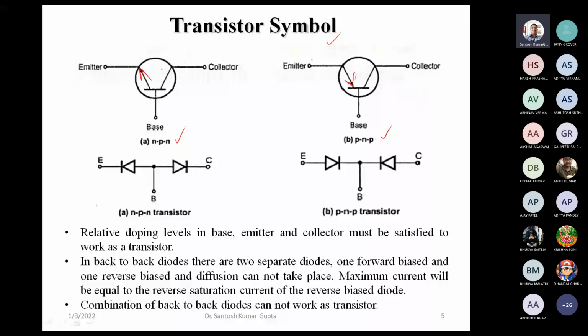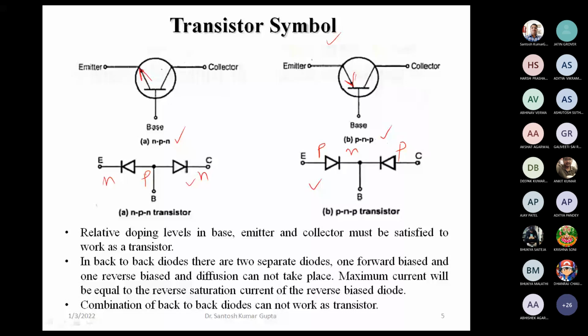The figure below shows the diode junctions, the PN junctions, which form between emitter and base and between collector and base.